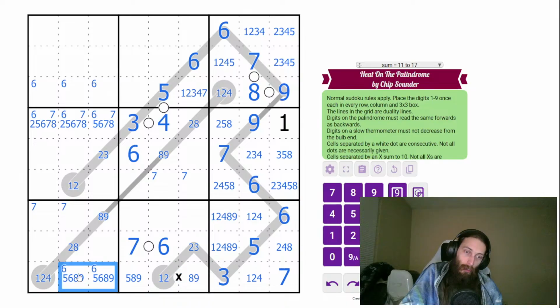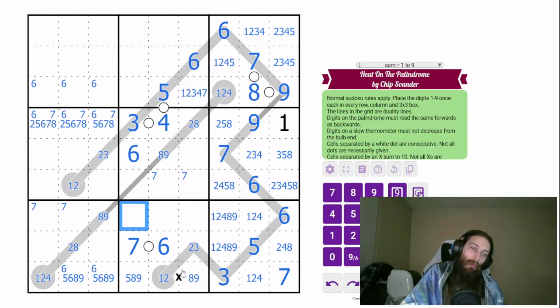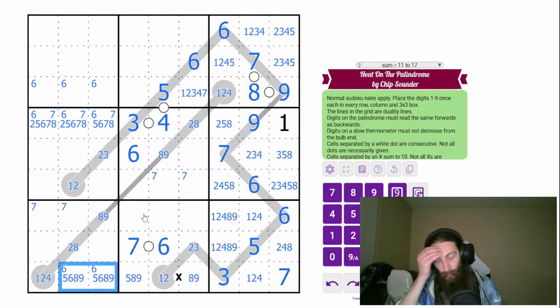Which would put 9, well, not necessarily. Well, no. Because one of these has to be the opposite of 8 and 9. That is here, because these two are the same. Unless this was an 8-9 pair, because that was a 5-6 pair.